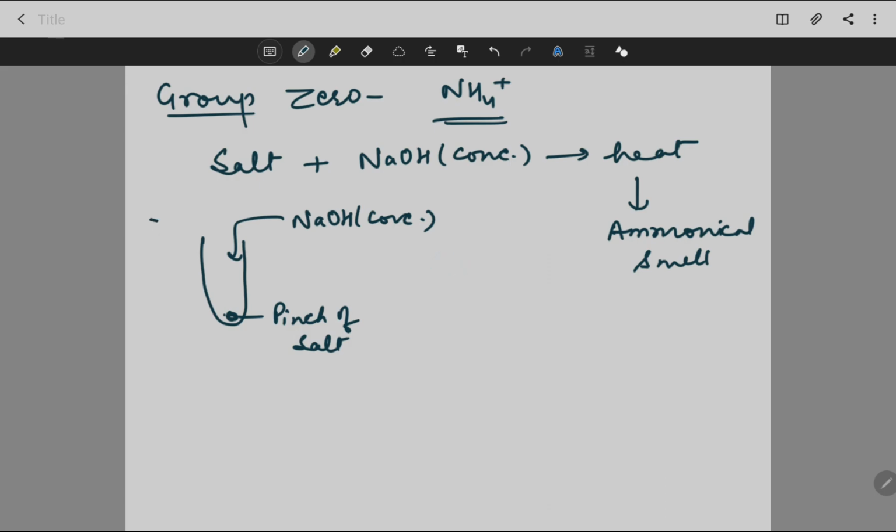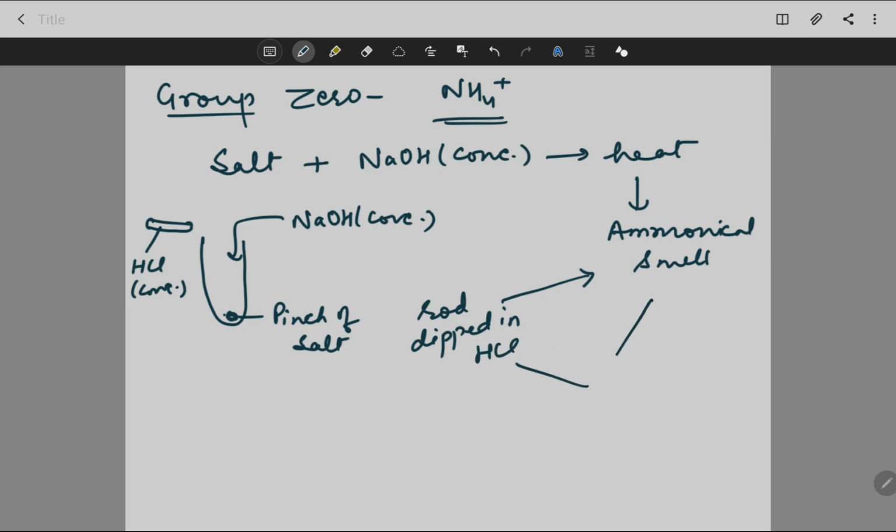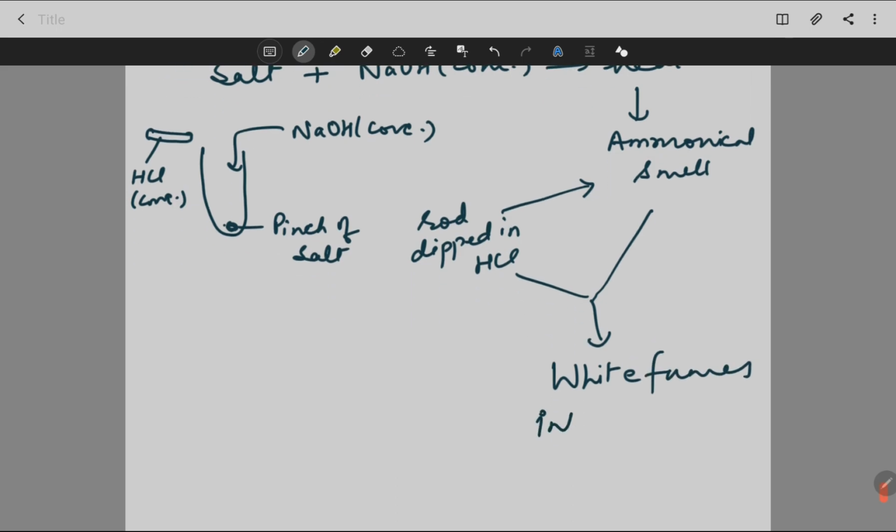Now we are bringing a rod dipped in concentrated HCl near the mouth of the test tube. Then what will be the result? We will be getting white fumes intensified.